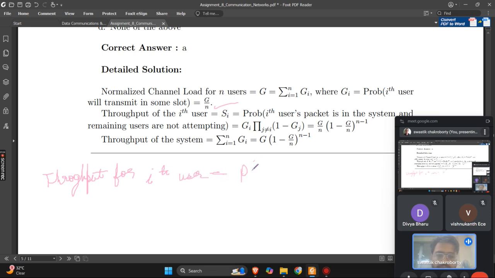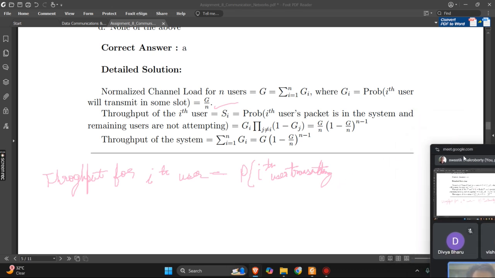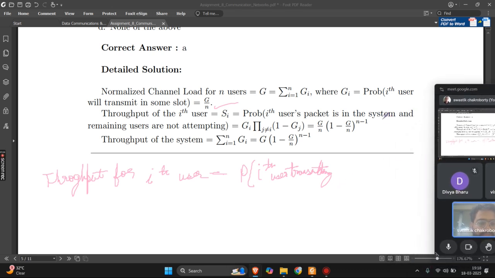the probability of two independent events. One is the ith user transmitting. This is one event. And there is another parallel event that is going on, that is, all others not transmitting.